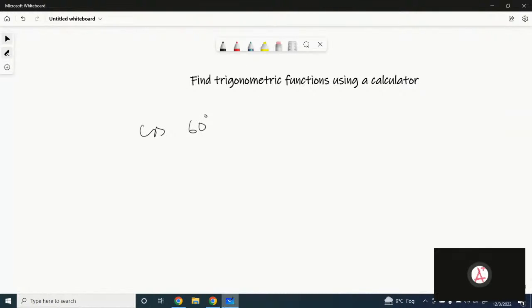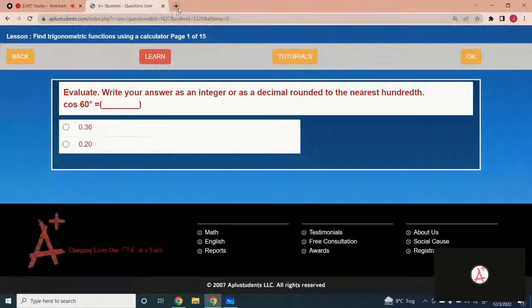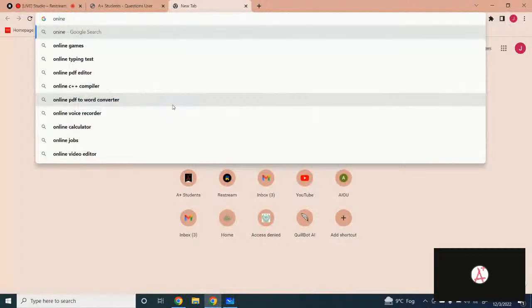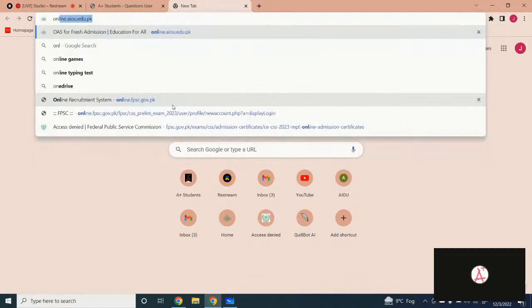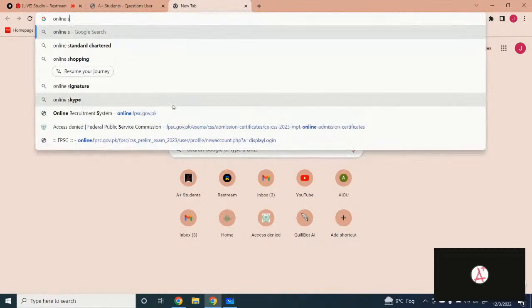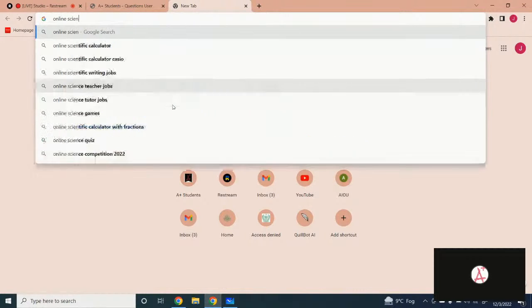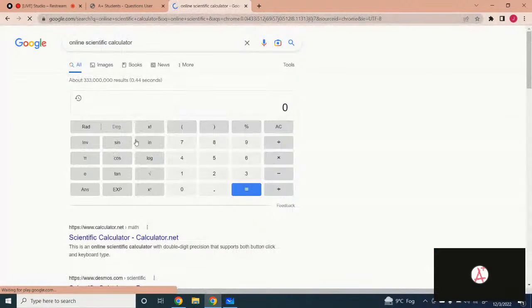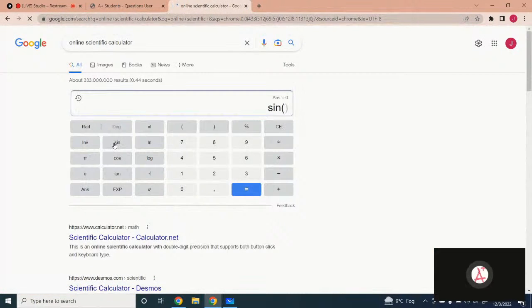Let me just find an online calculator, where you have to find the value of sine 60, I think it is.